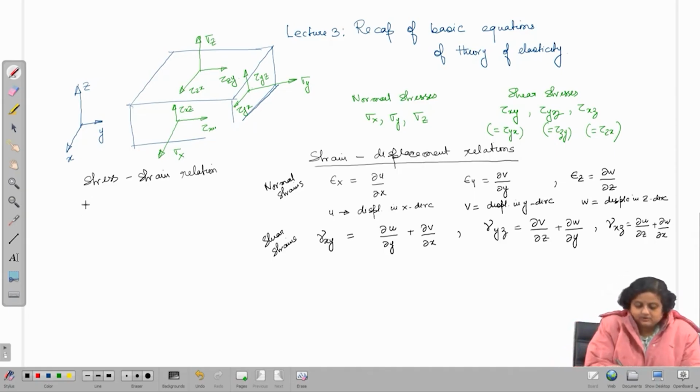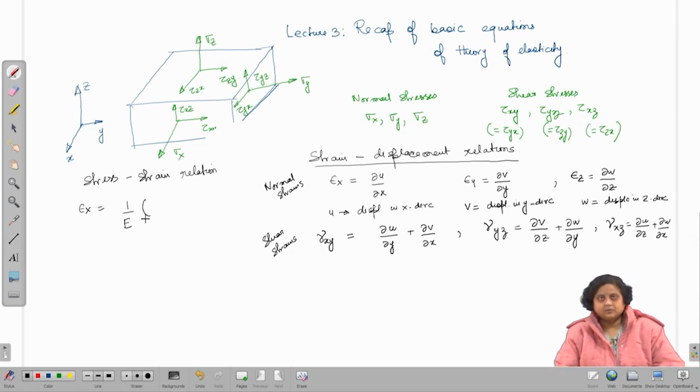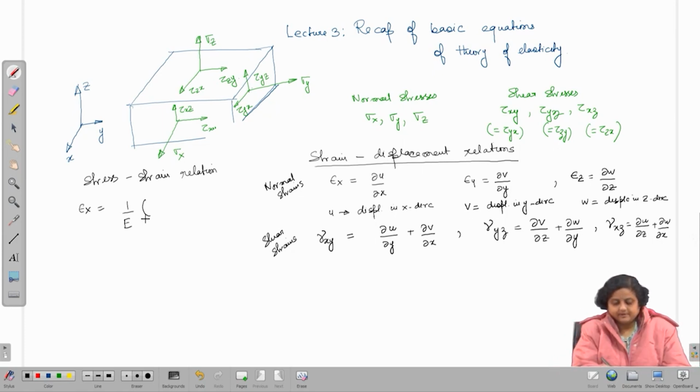So, epsilon x can actually be written as 1 by E, where E is the Young's modulus, for an isotropic material, into sigma x minus nu, nu being the Poisson's ratio, into sigma y plus sigma z.